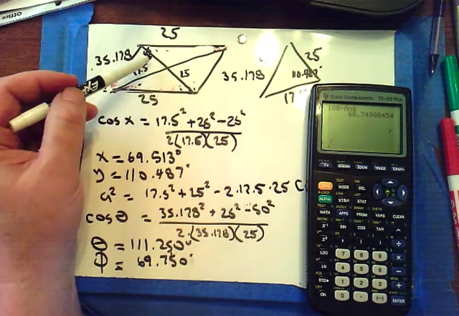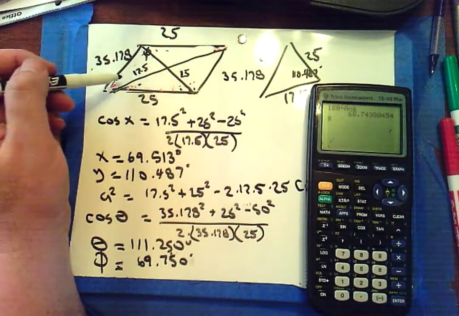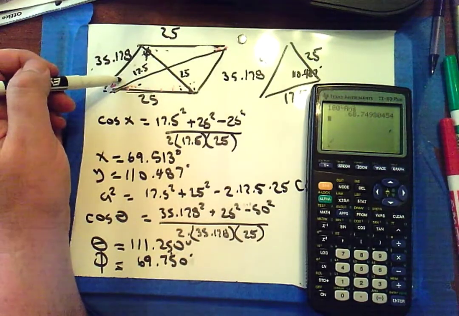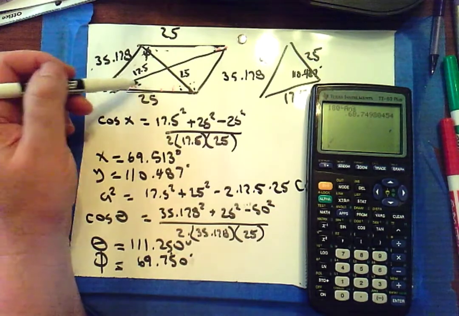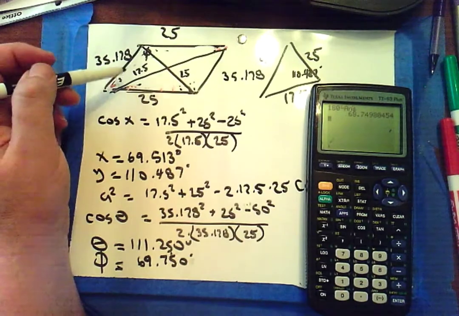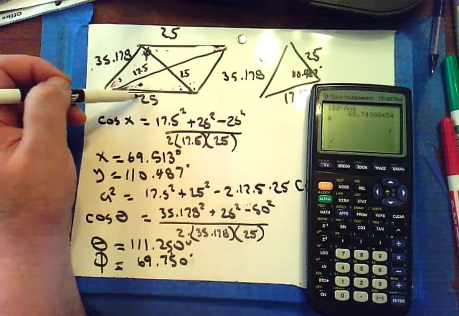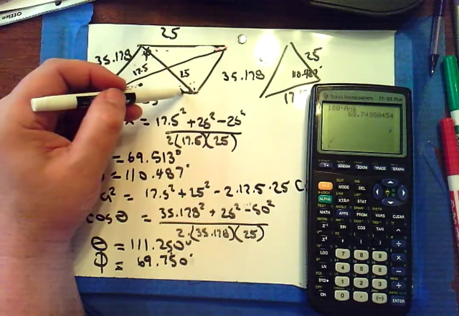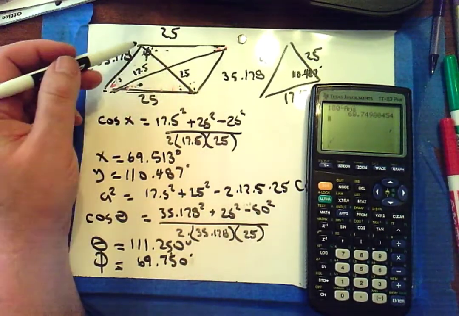I know that these are equal. So there's this approach where I can find this angle. I can find these pieces and add these pieces together. But I can find this one pretty straightforward with these three. And I can find this one up here because these are congruent, but that's not helpful to me.